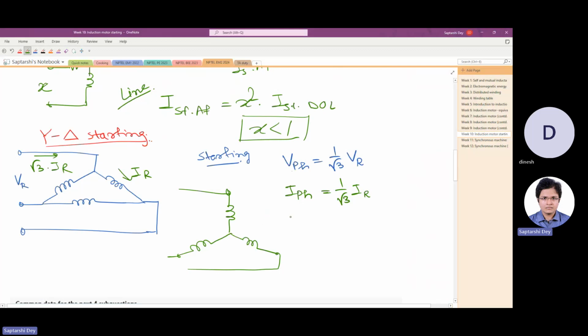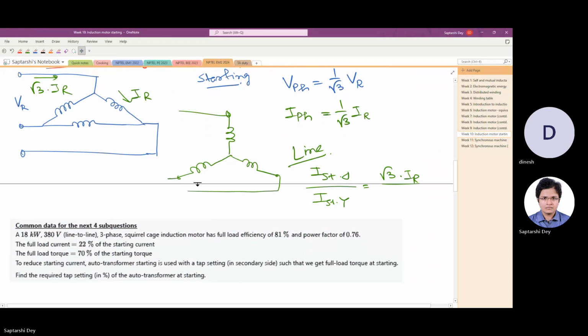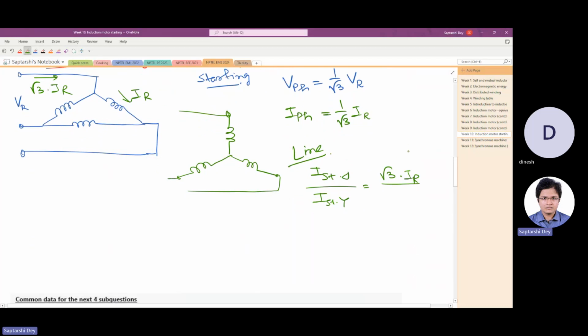So now if I compare at the line side the starting current with delta and the starting current with star, starting current with delta is root 3 times IR, and starting current with star is 1 by root 3 times IR.